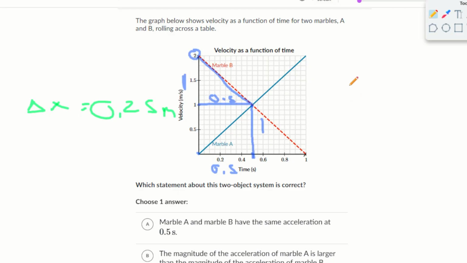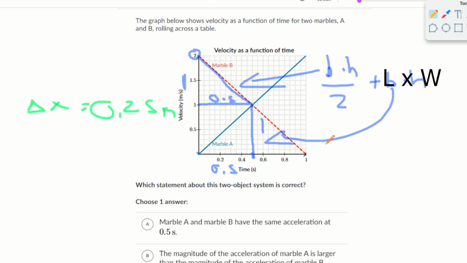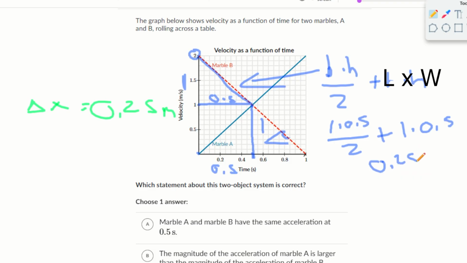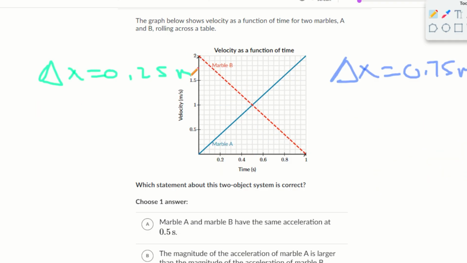So combining the areas, you do base times height divided by 2 for the triangle, plus base times height for the rectangle. Solving that, you would get 1 times 0.5 divided by 2 plus 1 times 0.5. Adding these together, you get 0.25 plus 0.5, giving you 0.75 meters delta x.